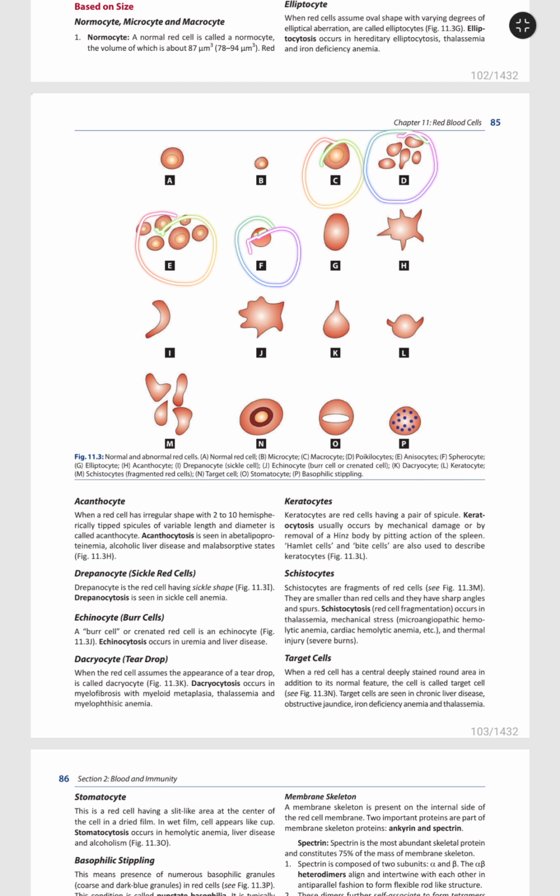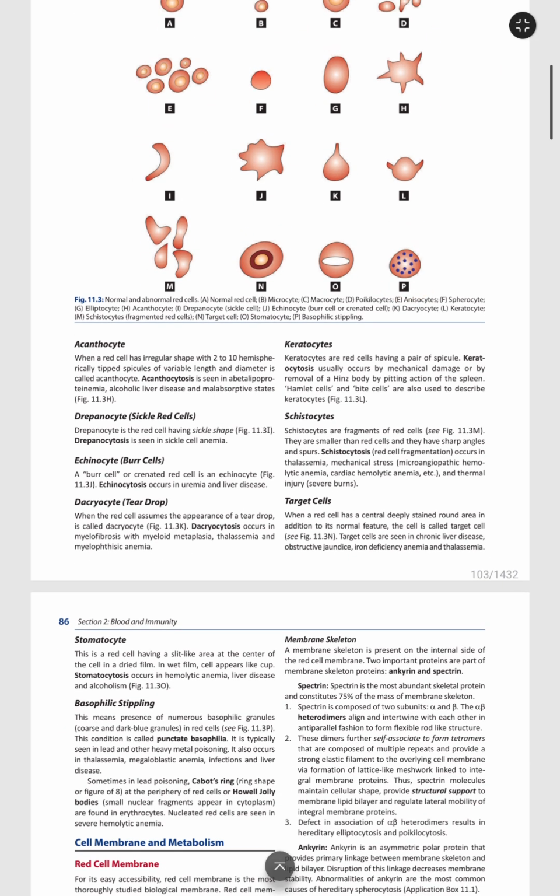This is basophilic stippling. It happens when basophilic granules are present in red cells.